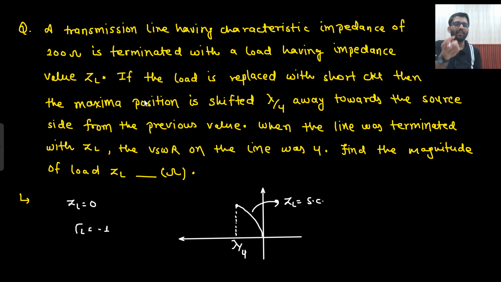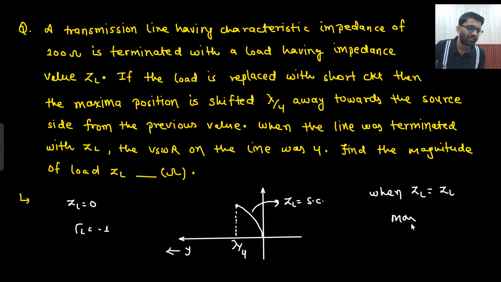So they are saying that the maxima position is shifted lambda by 4 away towards the source side from the previous value. That means previously the maxima we were getting was at y equals 0, where y is the distance from the load. How do I conclude that?